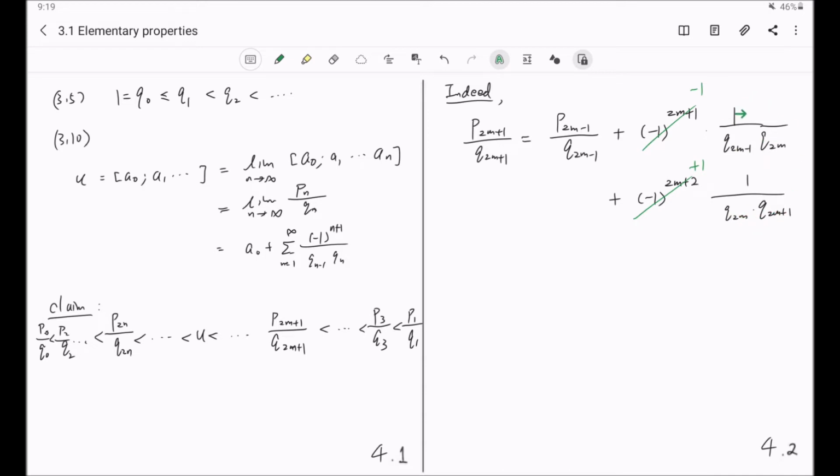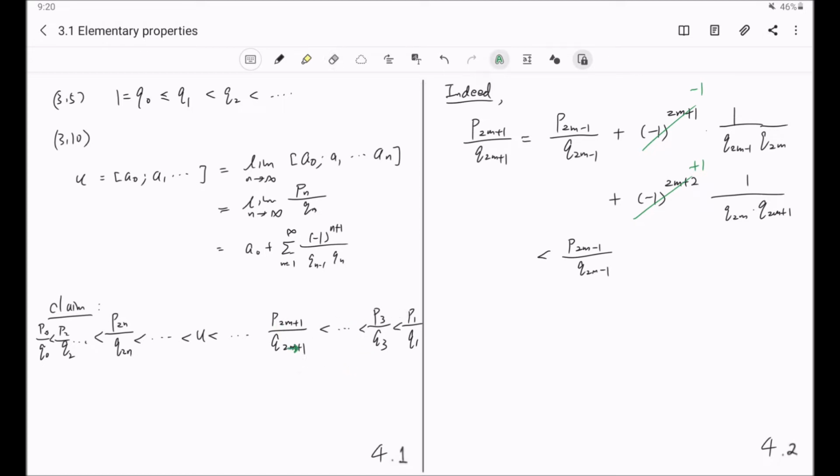So this fraction is bigger than this fraction. So what we get here is the right hand side is less than P sub 2m minus 1 divided by Q sub 2m minus 1.